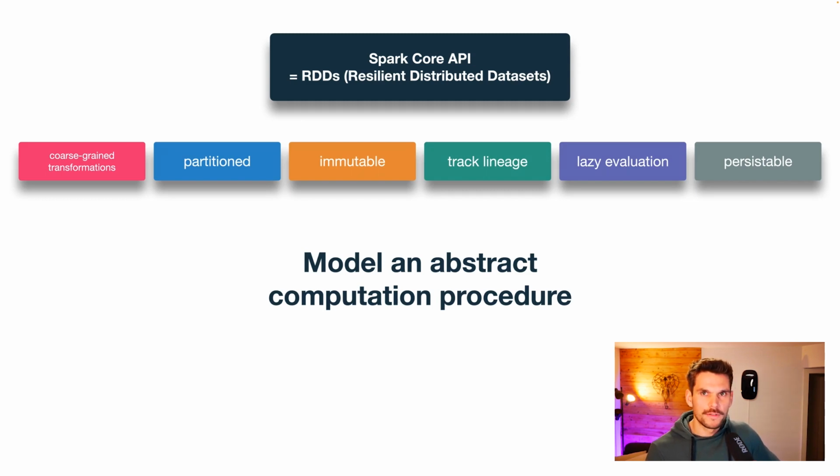And we're going to see what the difference between a transformation and an action is. But for now, it's important that our RDD is only evaluated on our cluster once we call an action. So an action is always that point in the transformation chain where we want to see the result. And finally, they are persistable, meaning we can cache them or write them to disk.